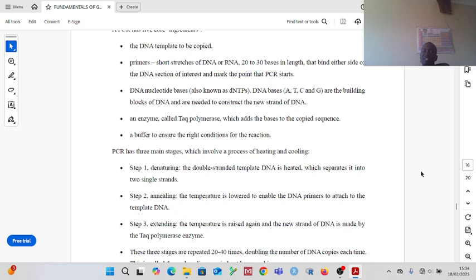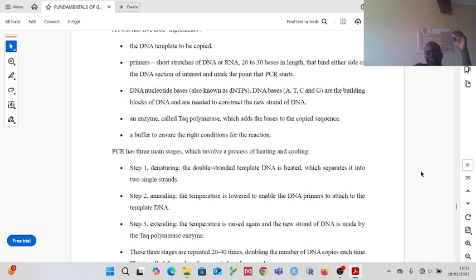With denaturing, you are trying to do what the DNA helicase was doing in vivo. The double-stranded DNA is heated. Heating breaks the hydrogen bonds that hold the two strands together. Once the hydrogen bonds have been broken, the DNA becomes two single strands.